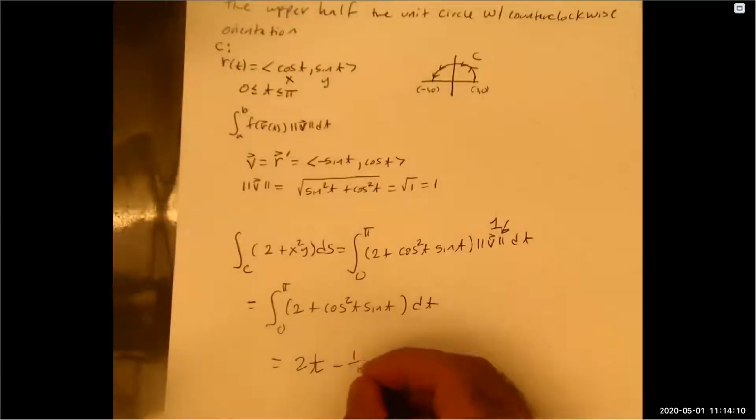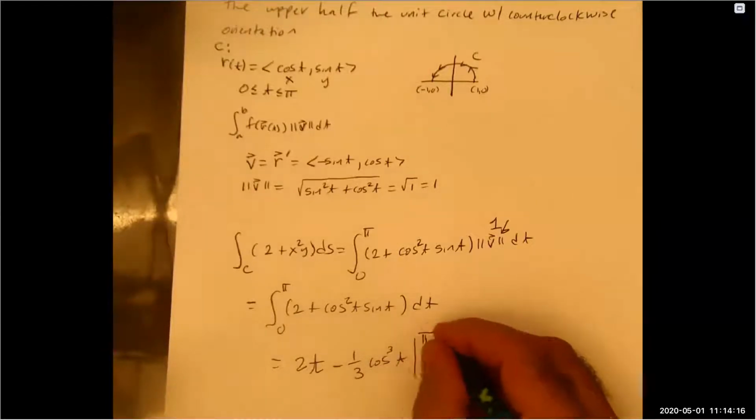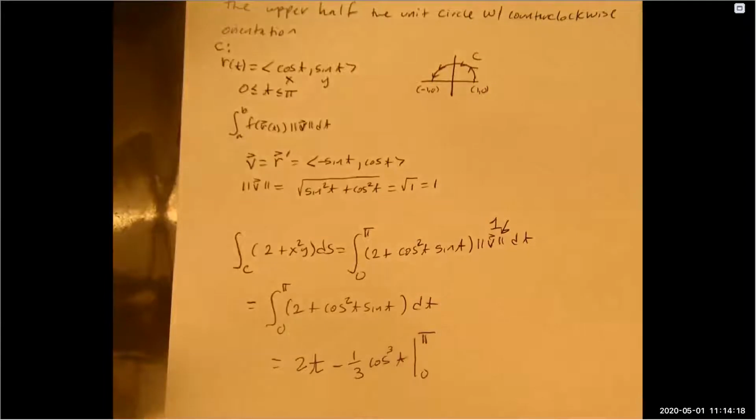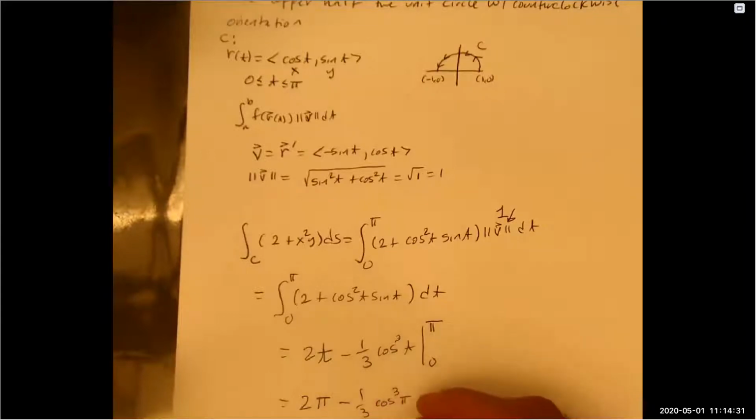So we have negative 1/3 cosine cubed of t. And then we're just evaluating that from 0 to pi. All right, so we'll just put in the values here. We're going to have 2 pi minus 1/3 cosine cubed of pi, and then we're going to subtract 2 times 0 minus 1/3 cosine cubed of 0.